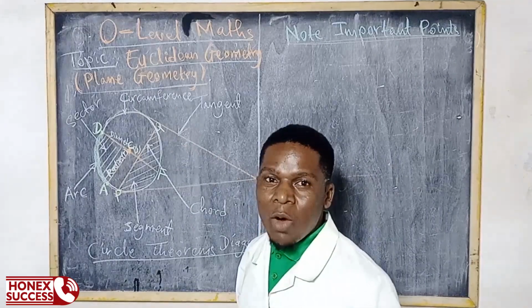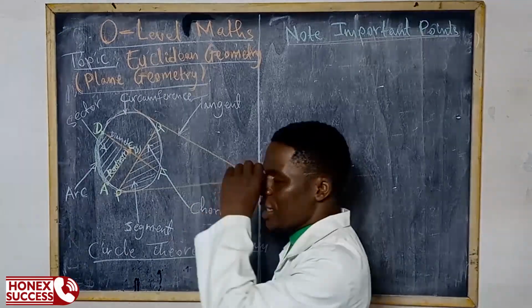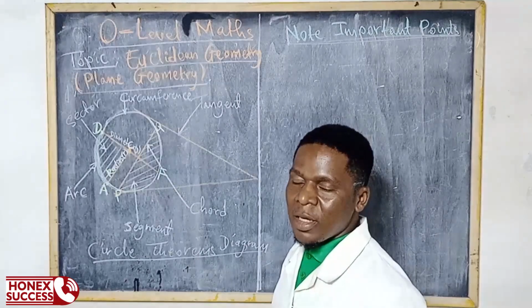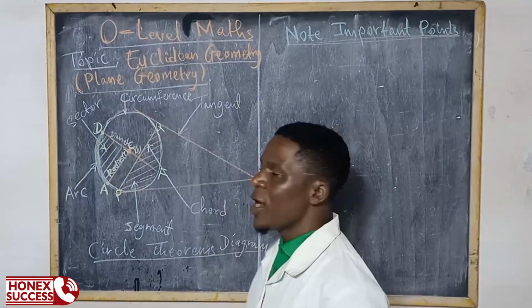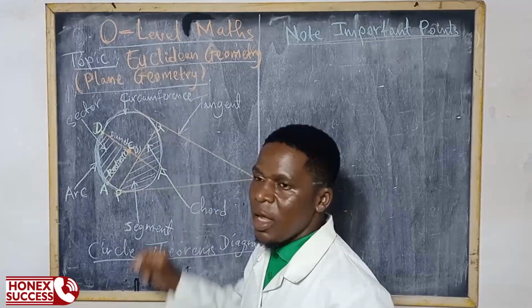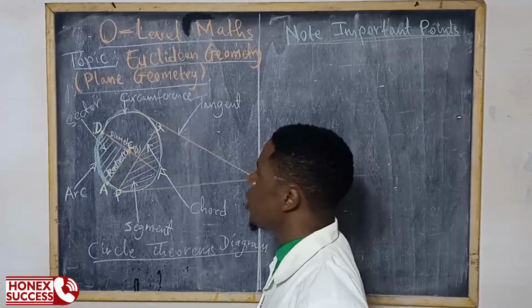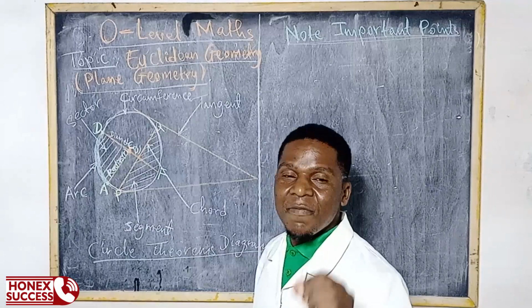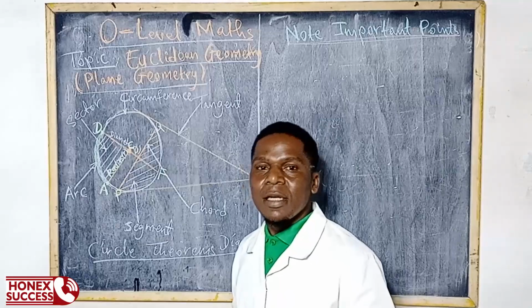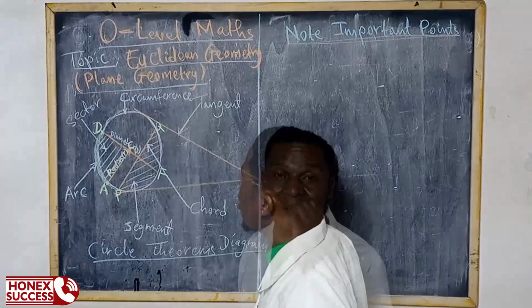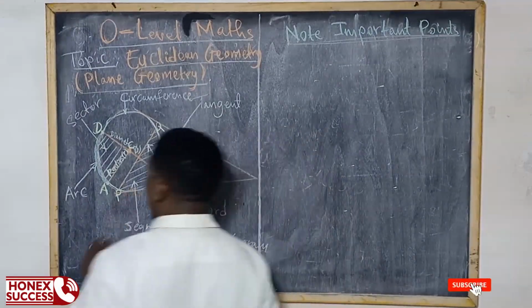I want us to look at this basic diagram that will help us understand the theorems of a circle, or the rules that help us solve problems involving circles. It is a very fertile topic at ordinary level mathematics.